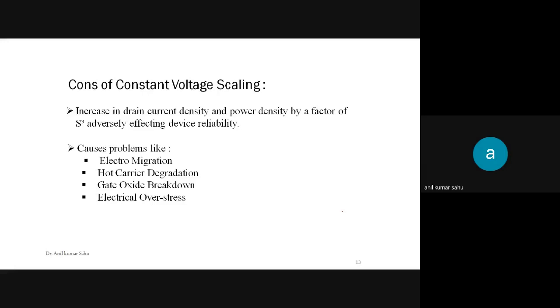What are these problems? These problems are electron migration, hot carrier degradation, gate oxide breakdown, and electrical overstress. So there may be a chance of electromigration, there may be hot carrier degradation, the gate oxide may break down, and there may be electrical overstress, right? So this can occur.